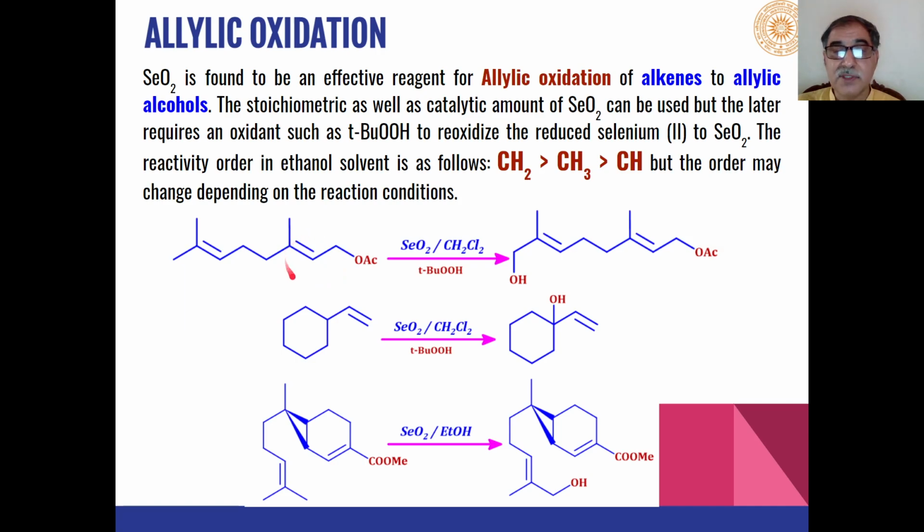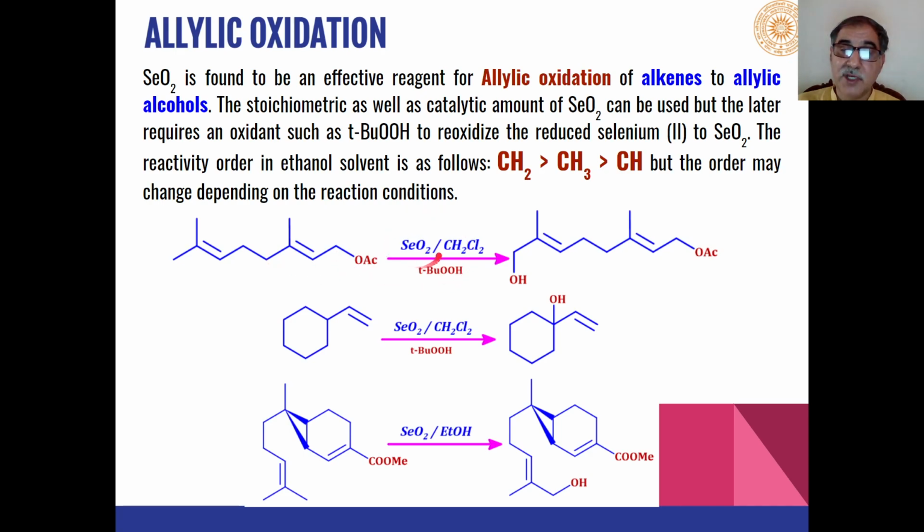If we have, say, this molecule where this is the tertiary carbon-carbon double bond, the allylic position with respect to this double bond is this one, and with respect to this double bond is either this one or this one.